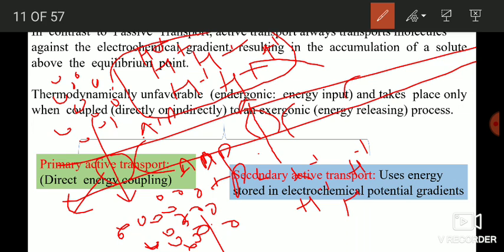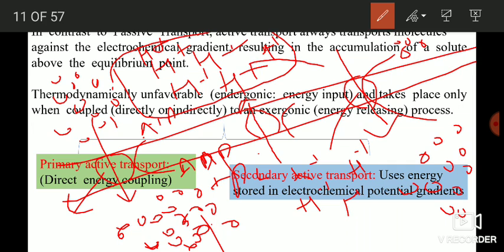When H positive ions move back towards the inner side of the cell through this transporter protein, they also drive the movement of some other molecules, say for example glucose molecules, from the outer side to the inner side of the cell against the concentration gradient. Here is less concentration of glucose, here is more concentration of glucose.